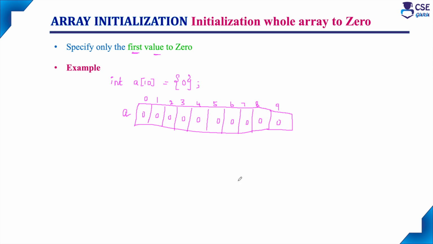That is the meaning. Only one 0 is enough to initialize the whole array. The compiler will evaluate the array based on the number of initial values. So this is the fourth method, initializing the whole array to 0.